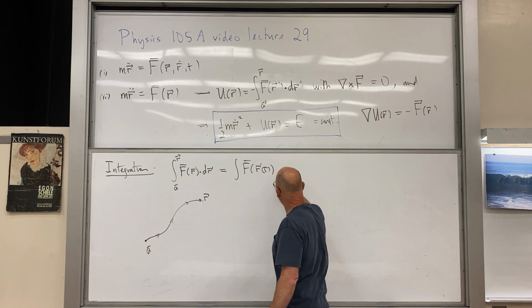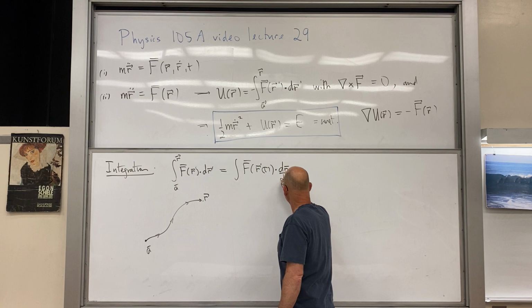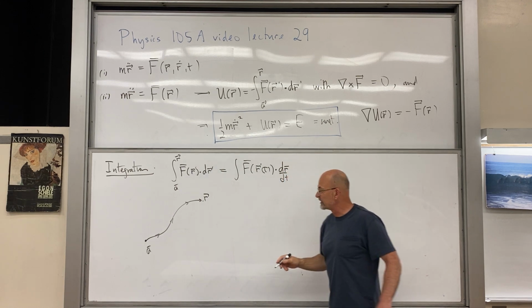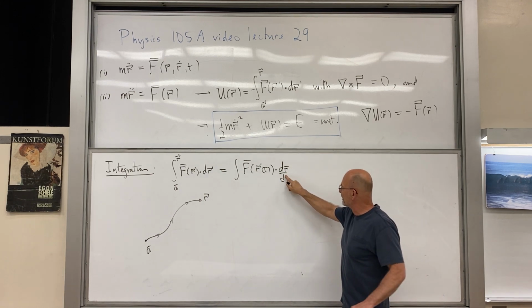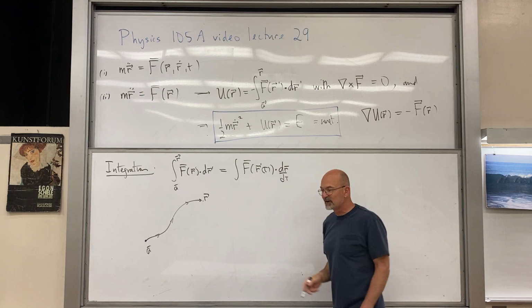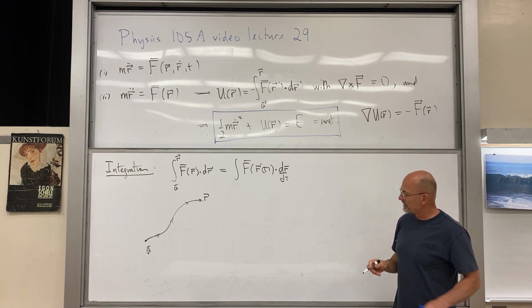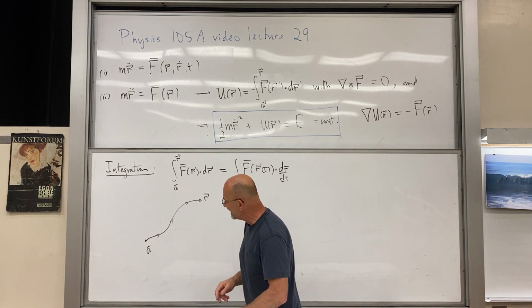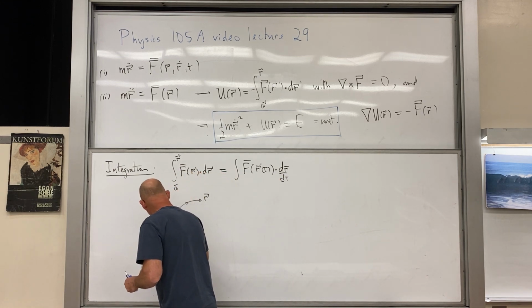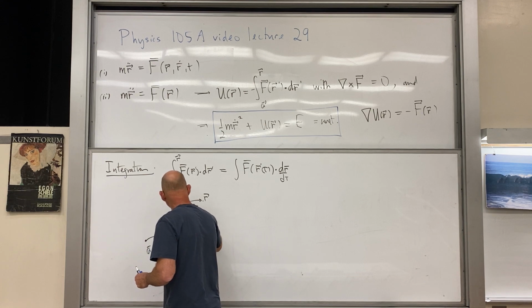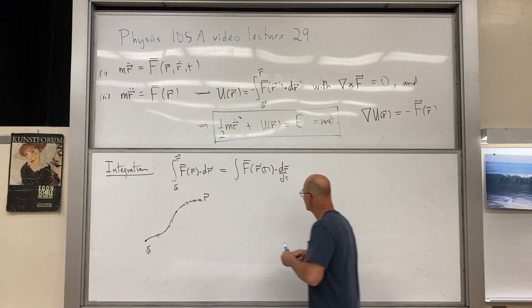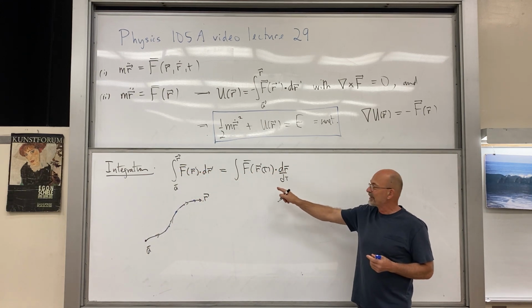And then our dr there, we're dotting into dr d tau, and since this is tau, it's not time, so it's not necessarily a velocity vector, but it has the same properties as a velocity vector, namely it's tangent everywhere to the curve by definition, by construction, as we learned in kinematics.